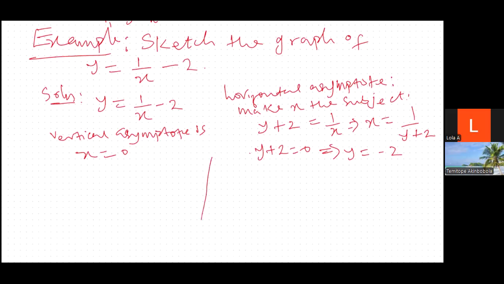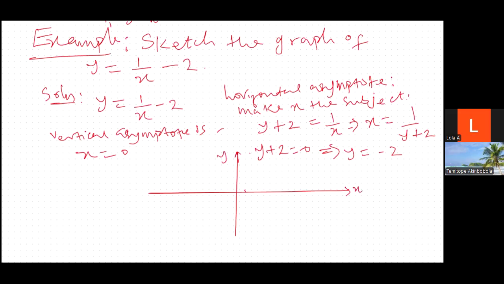Let me use something that will make it smooth. So we have x, y.